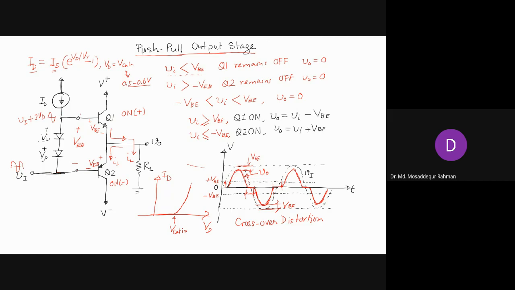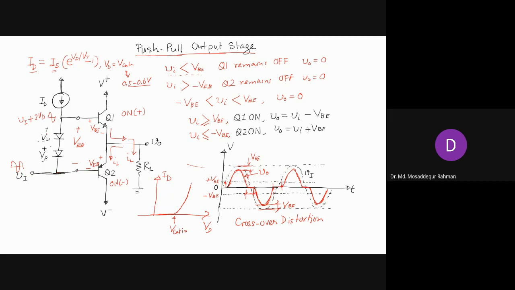This will push this transistor deeper into the forward bias region, and heavy current will start flowing through it. When the voltage goes negative, this will push the other transistor deeper into the forward bias region, and it will turn on heavily and pull large current through the load and the transistor. This is how the circuit will work.